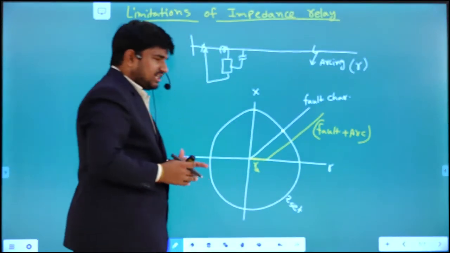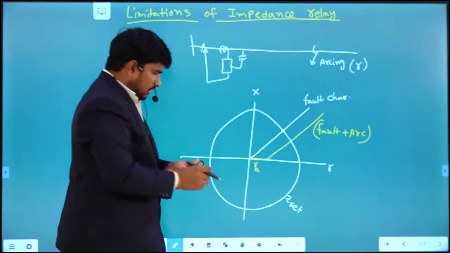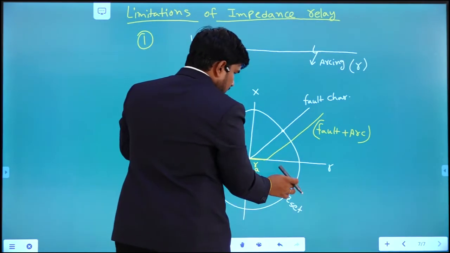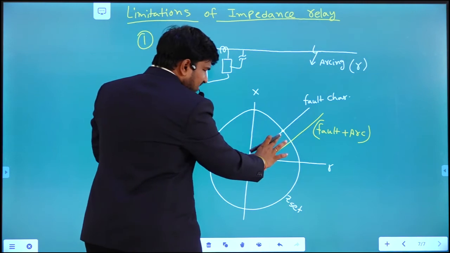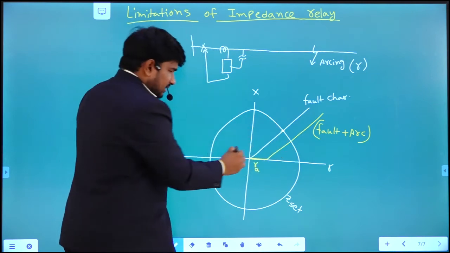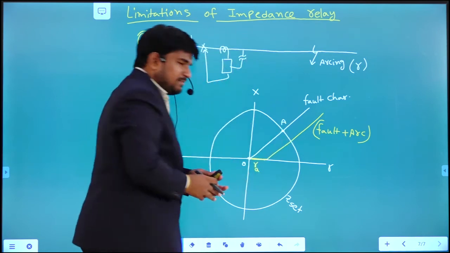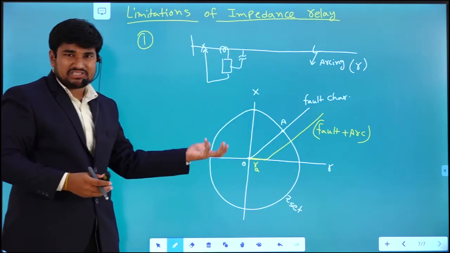So during this condition, from point O to point A is the reach of my transmission line.